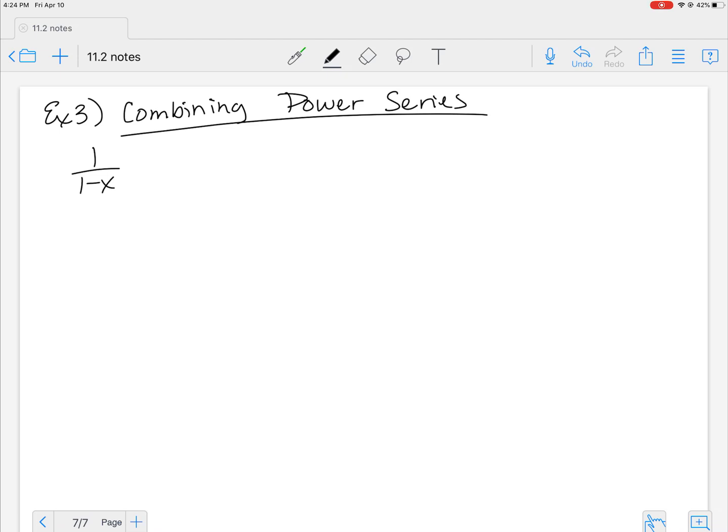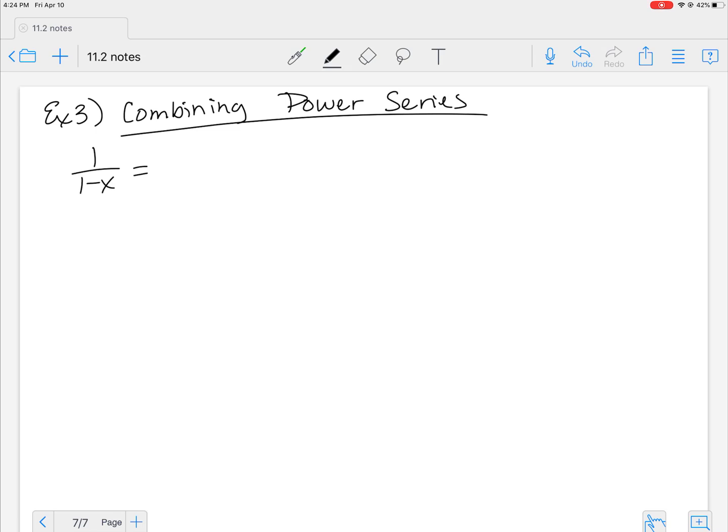So if I have the series of 1 over 1 minus x, all right? Right now I'm just telling you, if you have this, it's called the geometric series.